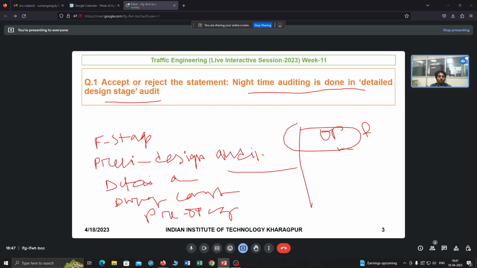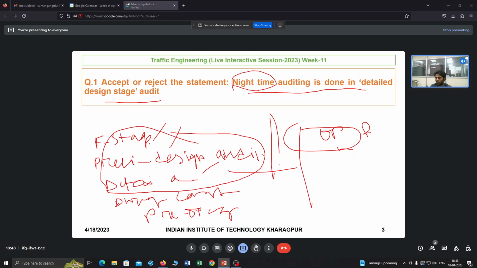After you build a road or during you build a road, you have to do a nighttime as well as daytime opening. So it is not at these 3 stages, right? Feasibility, preliminary and detailed design study, you do not have anything like nighttime auditing. After it has been finished, then we come to the nighttime auditing, right? So it is a false statement. I hope it is clear.